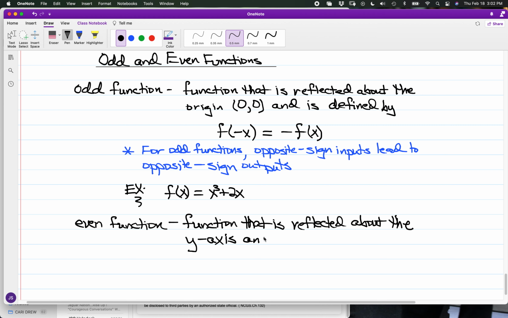And this one is going to be defined by the relation, okay, so we have f of -x equal to f of x.